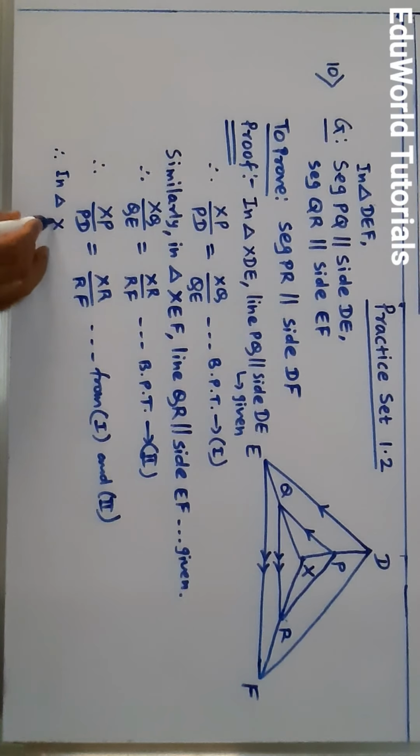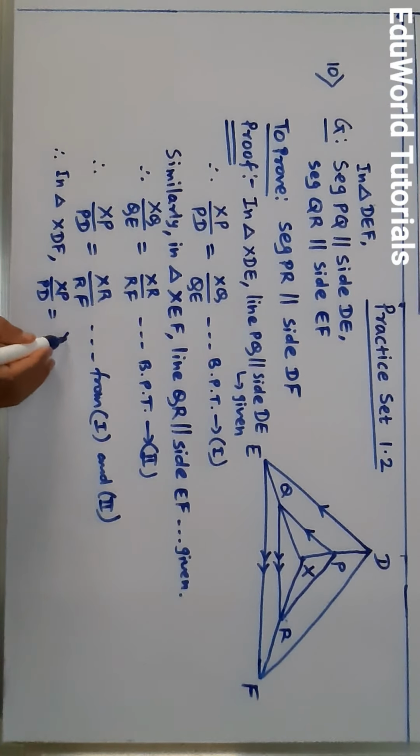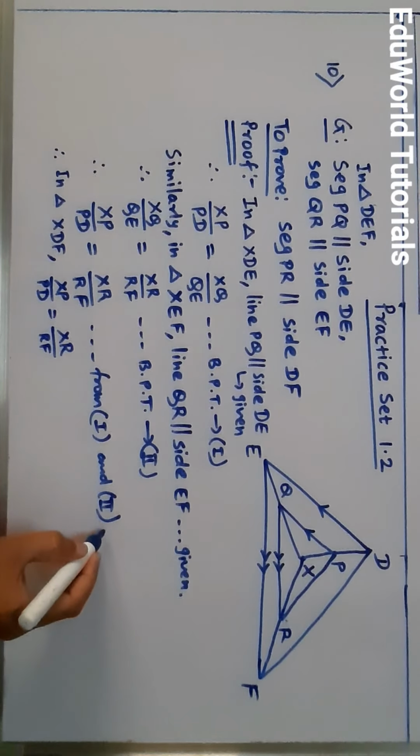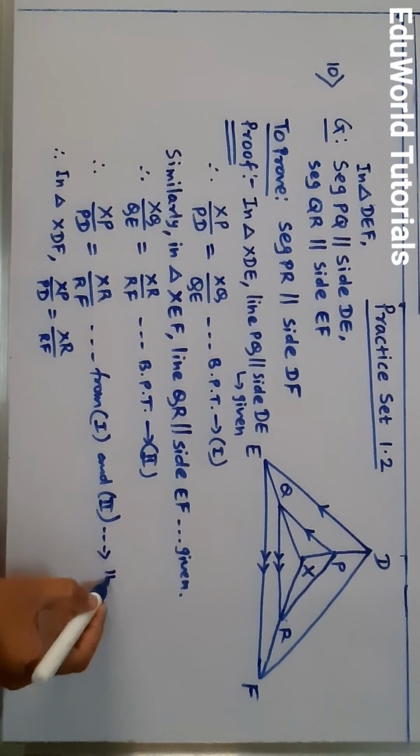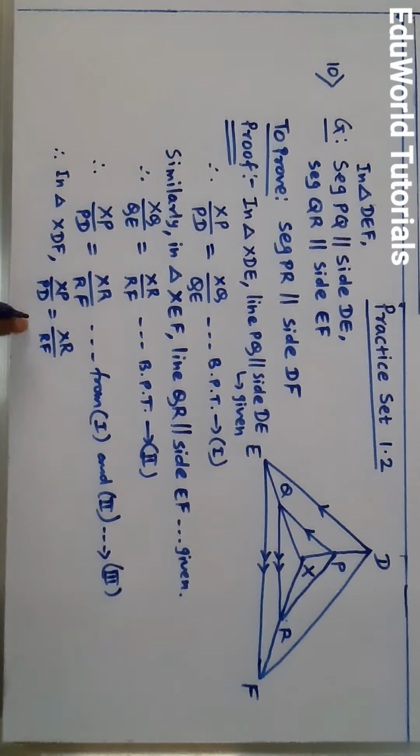In triangle XDF, what have we proved? We have proved that XP upon PD is equal to XR upon RF. Why? We have to give this as result number 3. So the reason for this one will be from 3.